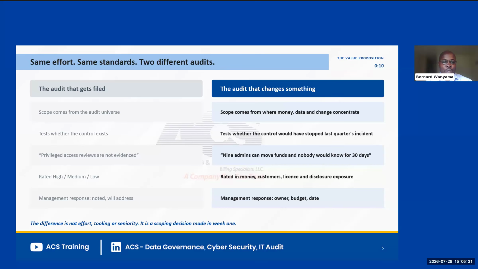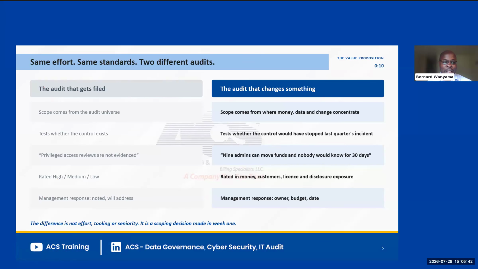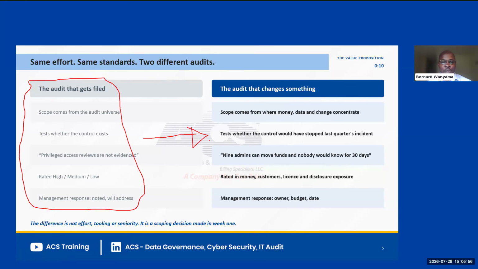So we have two sides to this. You could say many of us start from the left, where we have an audit that is by the book, and maybe we are doing our job the way we are taught how to do, but that kind of falls short and does not hit the target when it comes to what our stakeholders expect and how audit reports and audit findings are received in the organization.